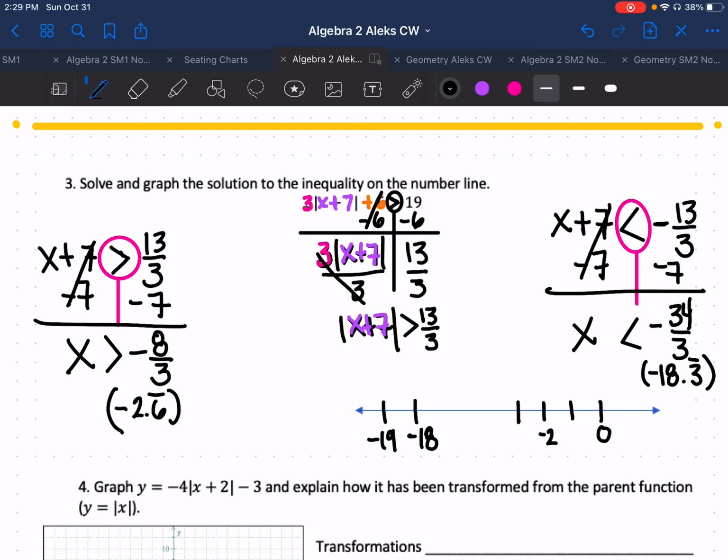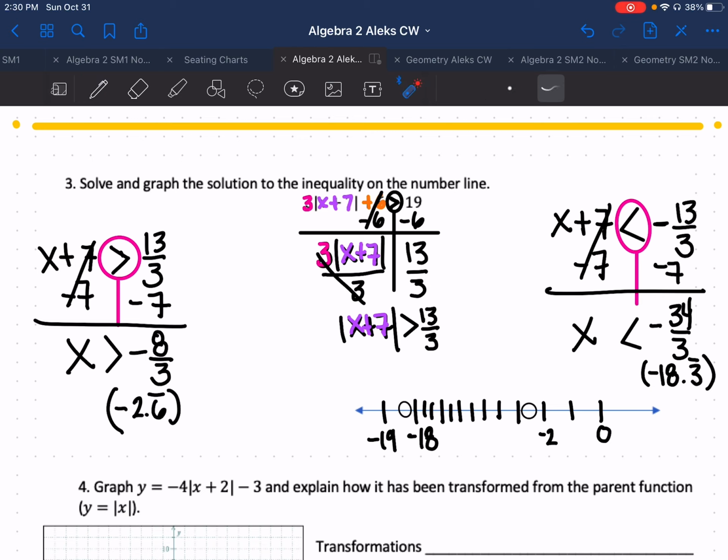For negative 2.6, it's going to go right here close to 3. There's no bar underneath, so I'm going to go ahead and leave it open. For negative 18.3, I want it a little bit closer to 18 than I do to 19, so I might make that space a little bit bigger. If you want to, because it makes you feel bad, just go ahead and get some lines in there. No worries.